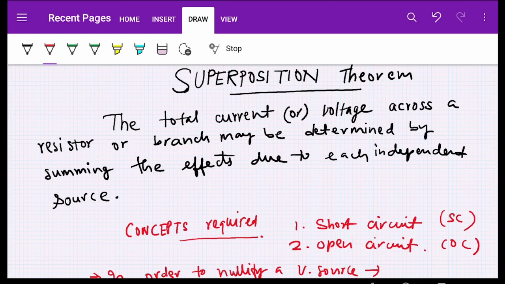So if we are to find some current across a resistor due to all the sources combined, we can consider the sources one at a time, while neglecting the other sources. Then after finding all the responses due to individual sources, we can sum them up.